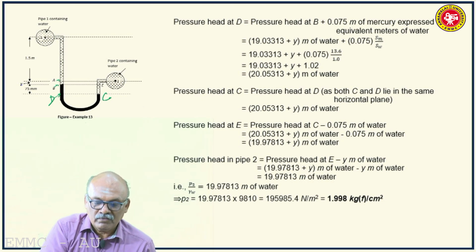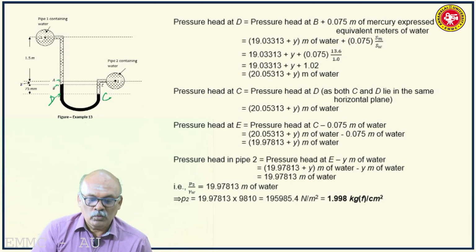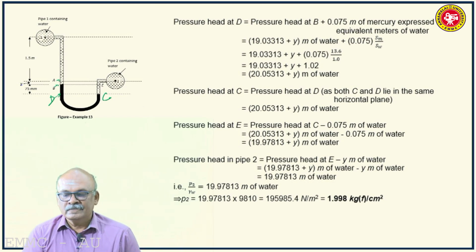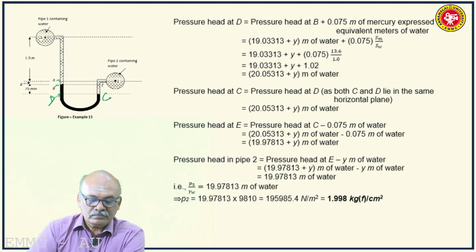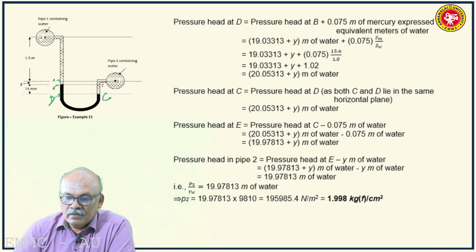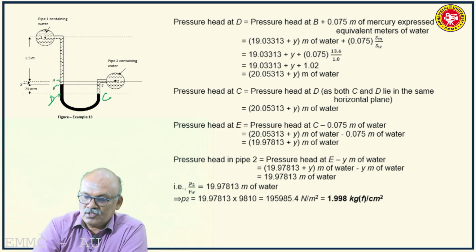B is the interface of mercury and overlying water, and D is a point in the left limb in line with C, which marks the interface of underlying mercury and overlying water. As some of these markings are missing, the confusion has arisen, sorry for that.